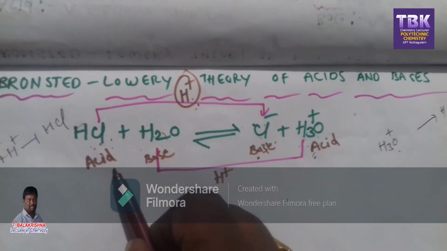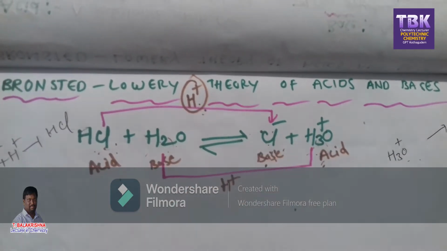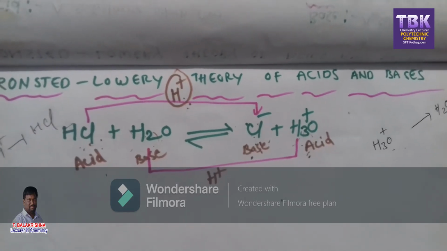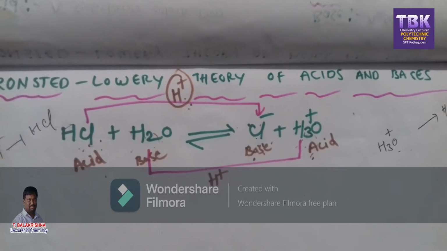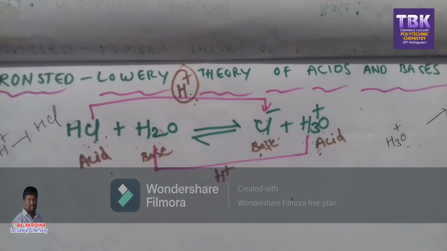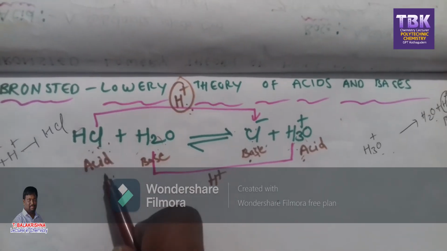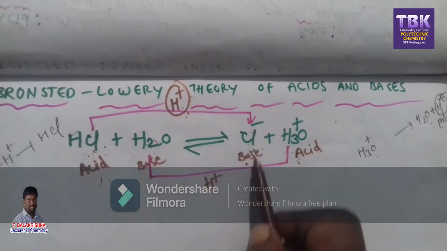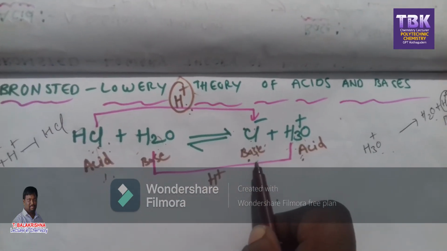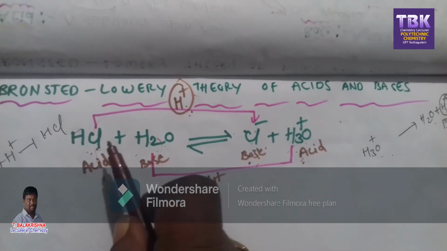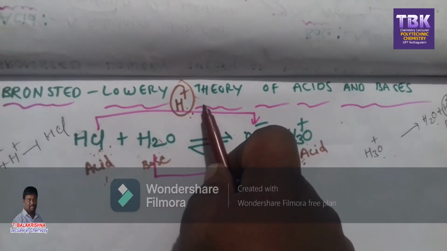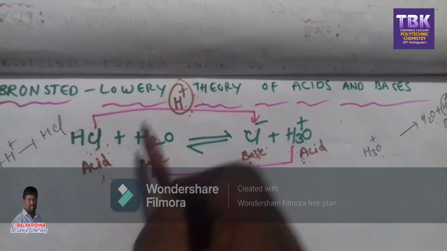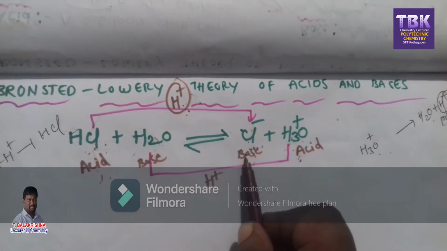When it donates a proton, it is converted into Cl minus. What is the character of this Cl minus? It is a base. That means when an acid donates a proton, it is converted into a base.